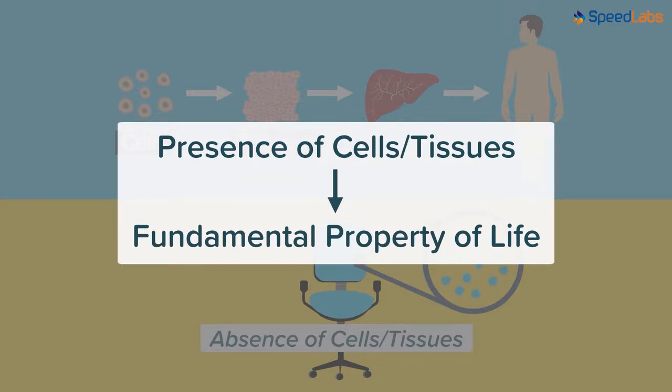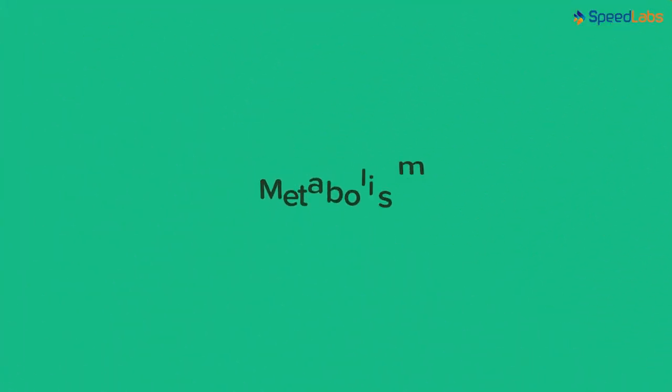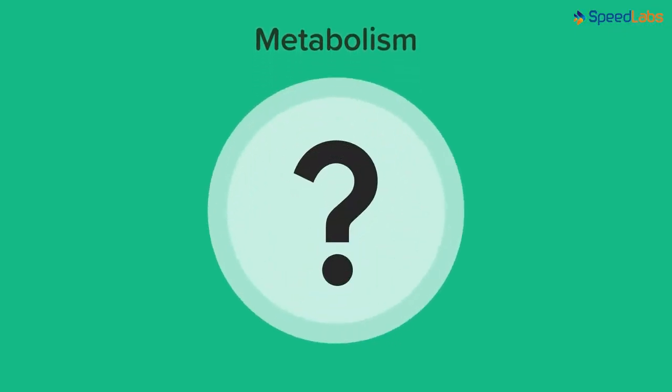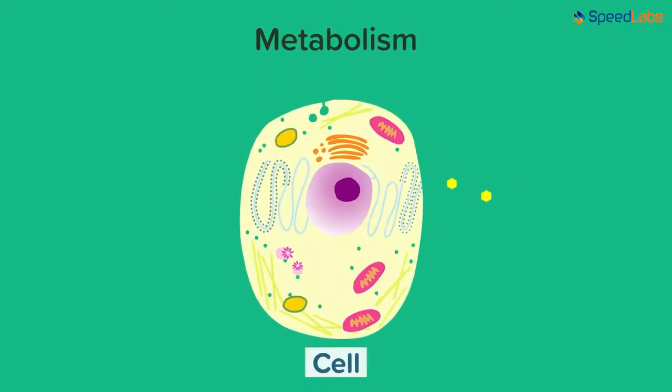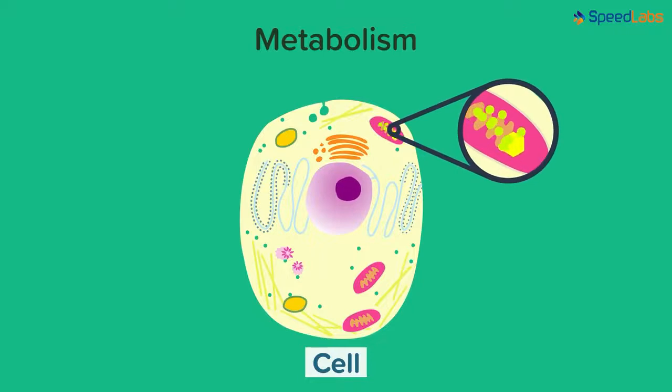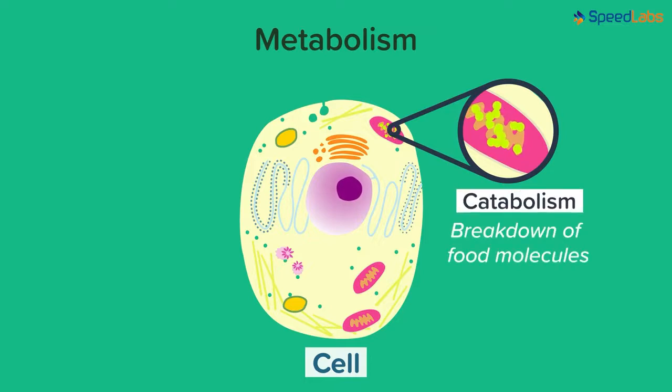Now, to add to the importance of the cell, apart from a variety of functions, it mainly helps in carrying out metabolism. What is metabolism? We already know the food that's consumed is broken down in our body. But did you know that the activity of breaking down substances is called catabolism?